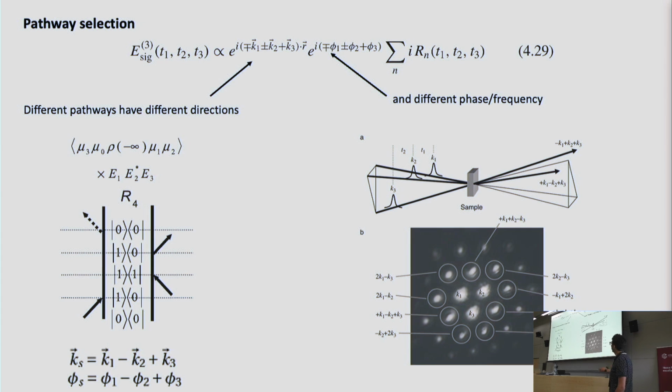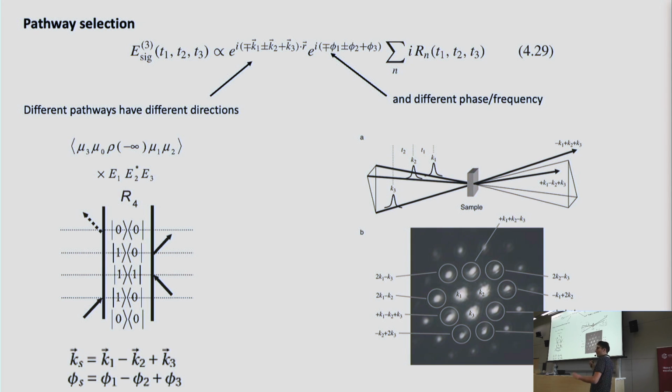What's also important experimentally is that in the end, since we have three different beams, usually three different lasers, we have a phase matching condition. So in the end, our signal will be emitted in some specific direction. And you can see that depending on the kind of pathway we consider, we will also have it emitted in different directions.